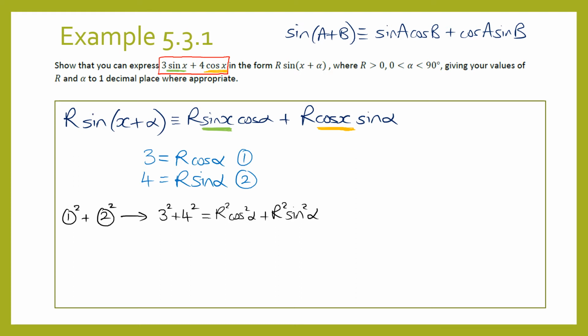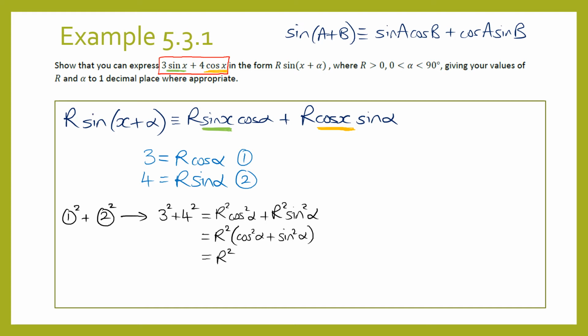This might look complicated, but actually on the right-hand side, if we take out a common factor of r squared, then I hope you recognize an identity. We've got cos squared of an angle plus sine squared of the same angle, and that always equals 1. So this right-hand side is just r squared.